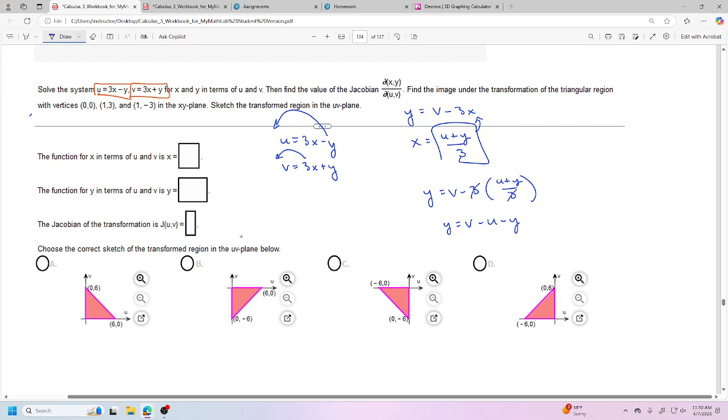When I distribute the minus sign, I'd still have a y here. Add y to both sides. I know this is so weird, but it is just basic algebra. Divide by the 2. And so then we got v minus u all over 2. Happy times. I can now plug that in over here, and it's just silly little math.